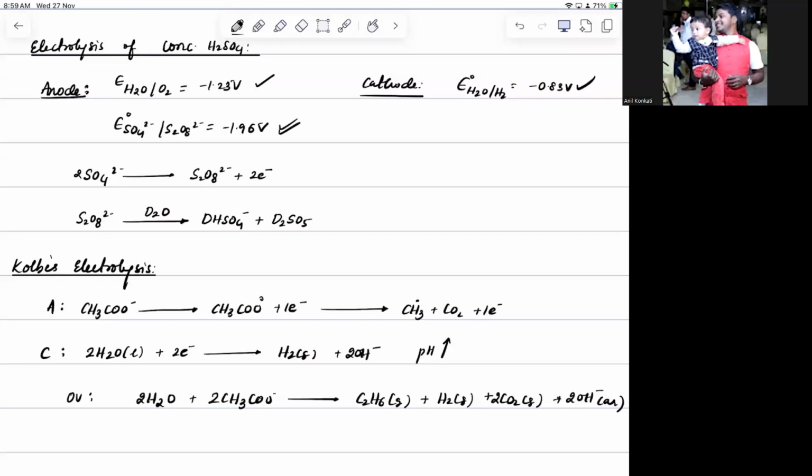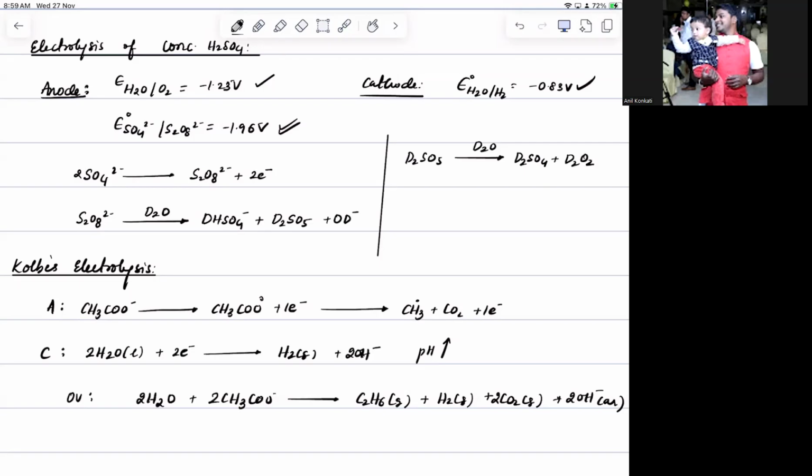This is the first thing you will notice, plus OD minus here. And this D2SO5 on further hydrolysis will convert into D2SO4 plus D2O2.